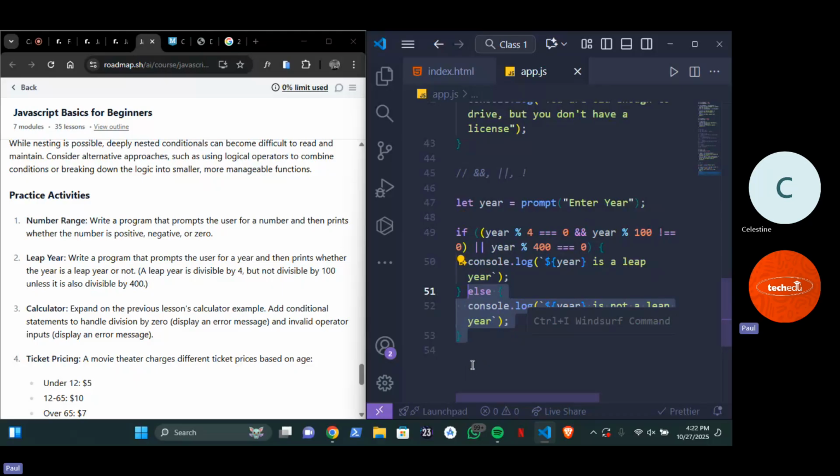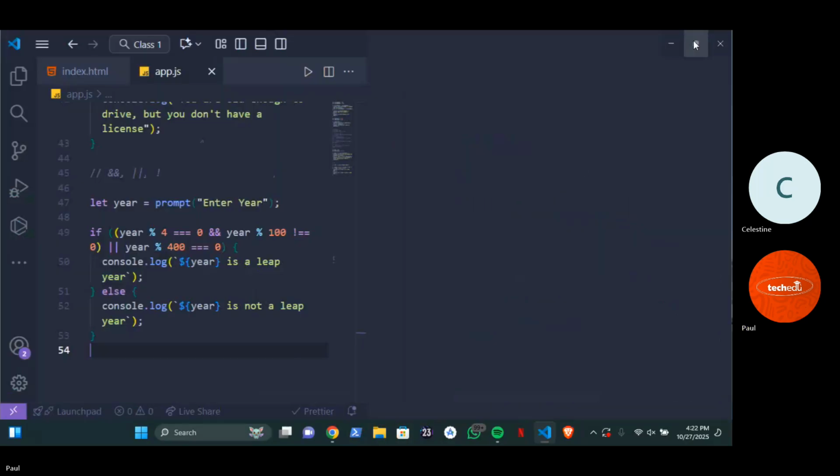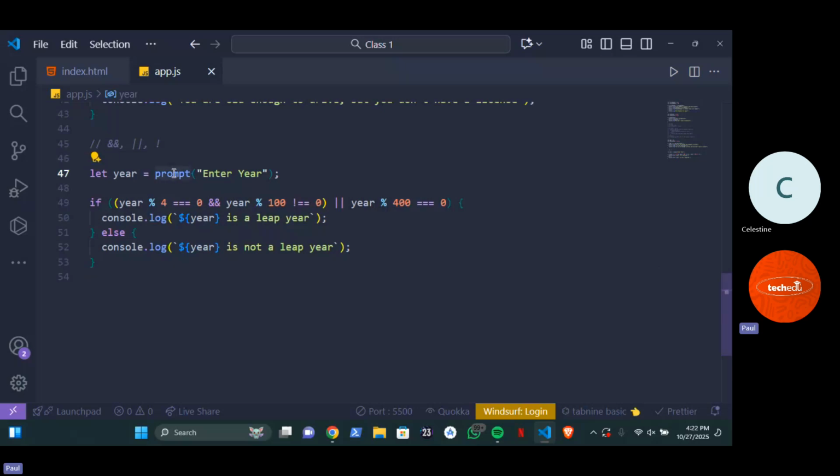Are you sure it's clear? What is happening to your laptop now? It's not just coming on. Try it again. It should ask, let year equals prompt, then the prompt message is enter year.